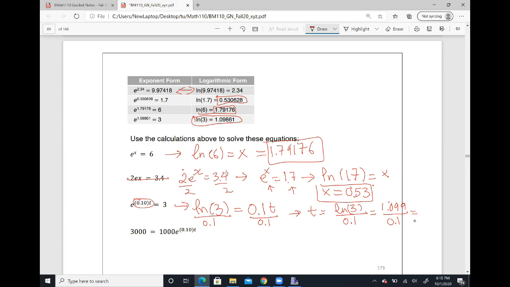For this one actually it's easy. You can just move the decimal of the numerator one unit to the right. So 10.99. That's going to be the answer for t: 10.99.